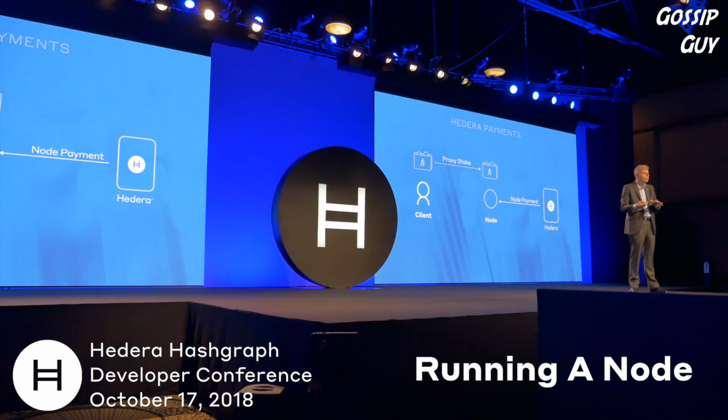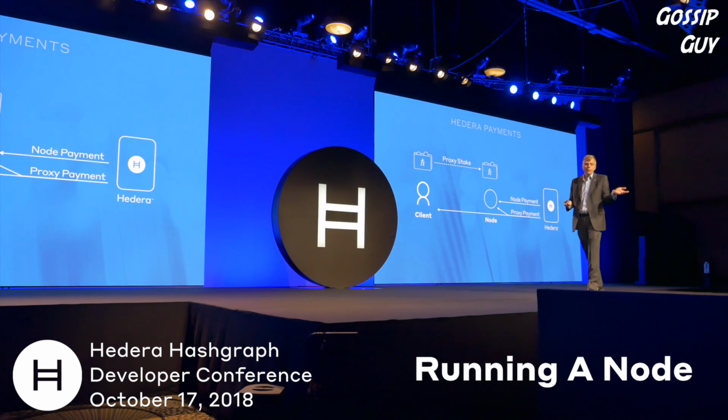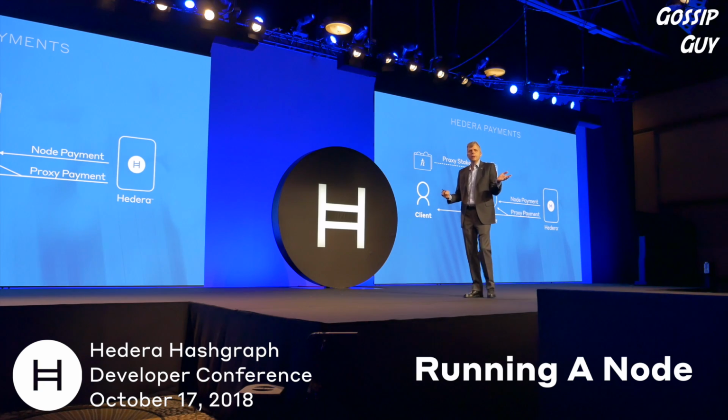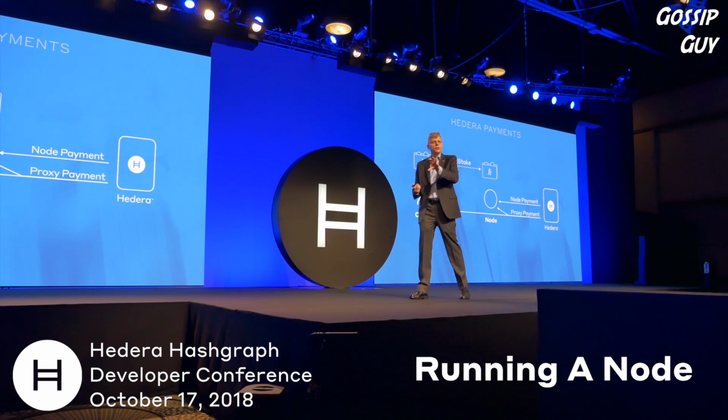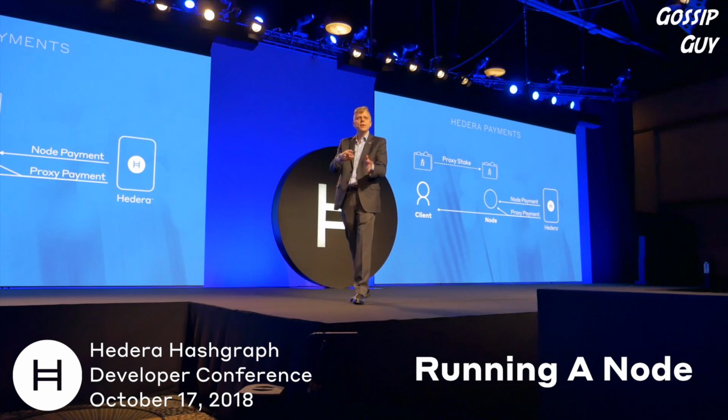Well, how are you helping? How are you earning something? By proxy staking. So we get a proxy payment to you. And why would the node even want you to proxy stake to it? We'll split it. So the node gets some of that too. So the node needs to try to be a good person and a non-malicious node with a good reputation so that people will want to proxy stake to it. And then we can split it.